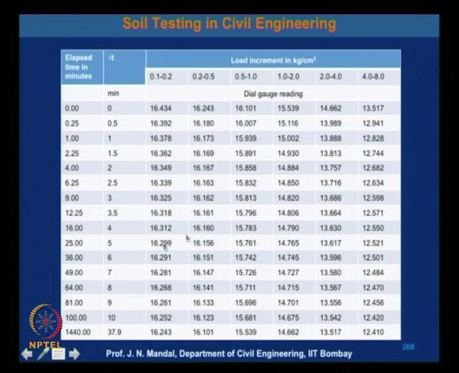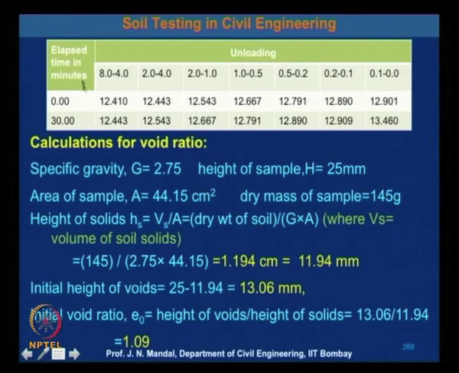So, you know how to take the reading with the increment of the load, and after the loading, you require unloading. So, how can you unload this? This is the unloading, let us say 0.0, and then at a time of 30 minutes, you can see this was the initial loading under the load of 8 to 4 kg per centimeter square, then you unload it, and at a particular time you have this dial gauge reading 12.443 when you are unloading.